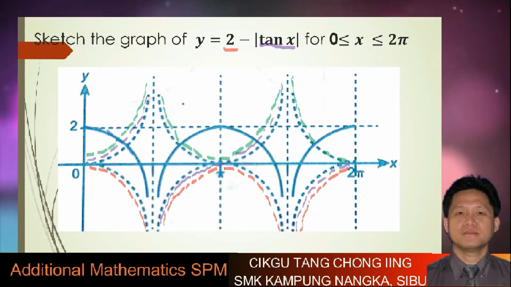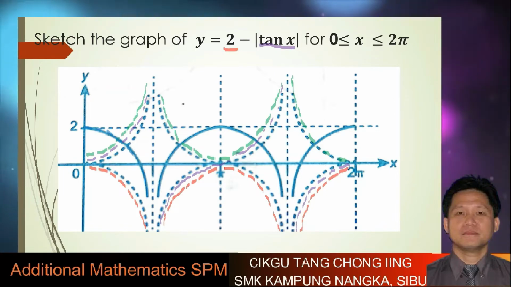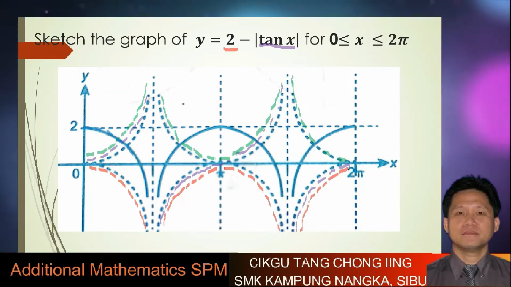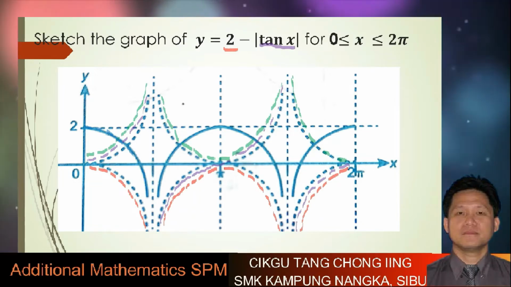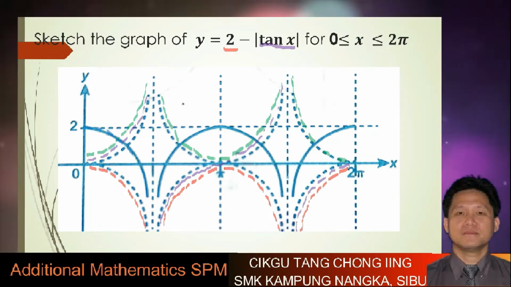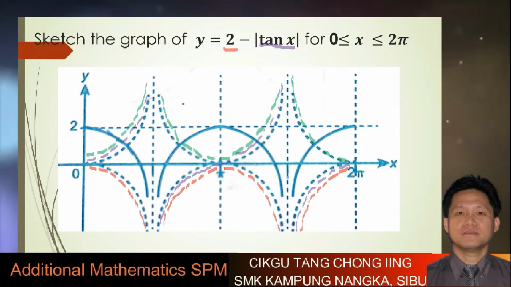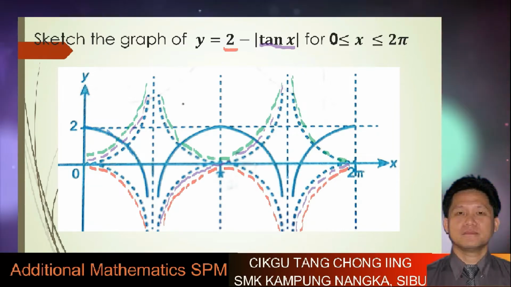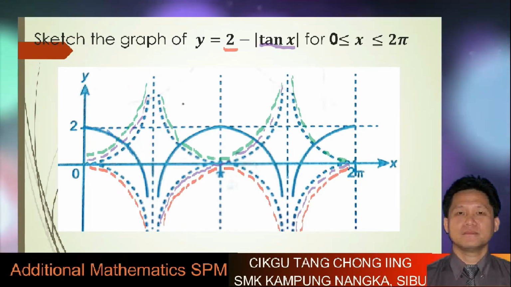And the same goes for all the rest. And finally, you have this graph in blue, solid line in blue. That is the graph for y equals 2 minus the modulus of tangent x.